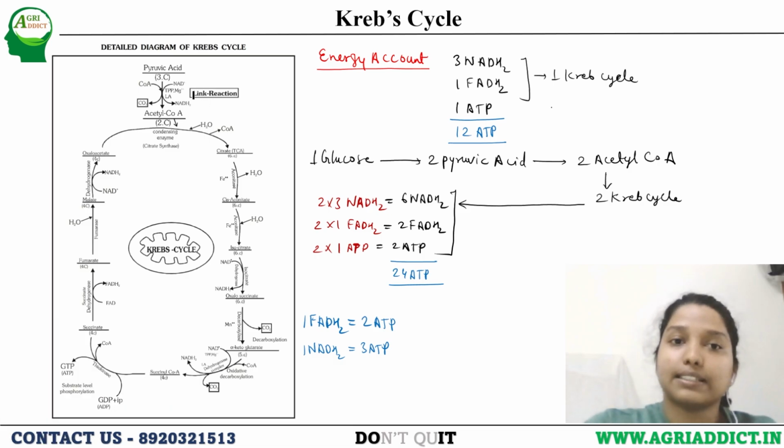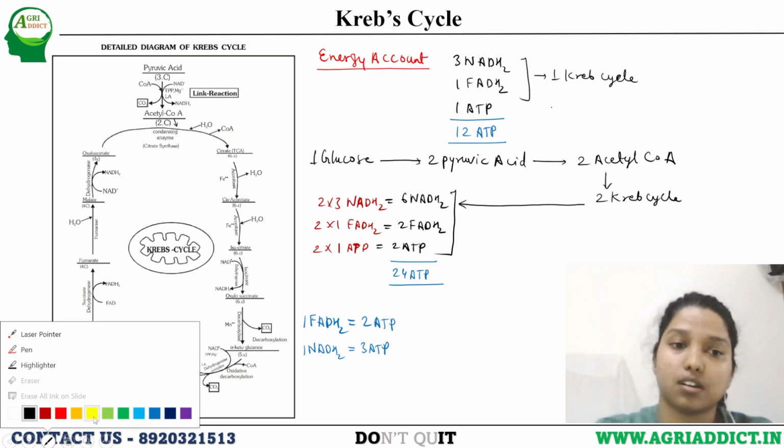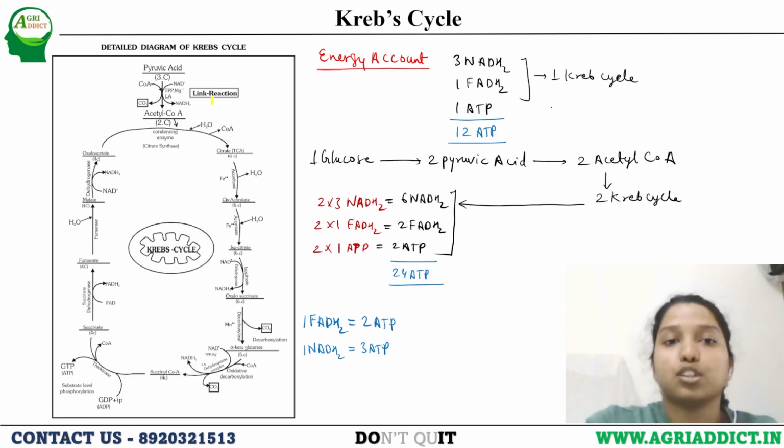So this link reaction we studied earlier: pyruvic acid, a 3 carbon compound, is getting converted into acetyl-CoA, and this acetyl-CoA is reacting with oxaloacetate, a 4 carbon compound, forming citrate, a 6 carbon compound.